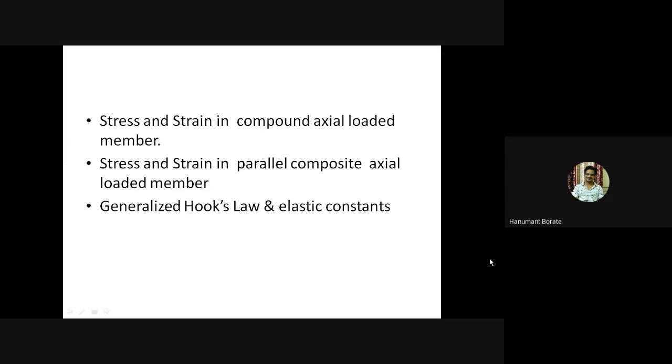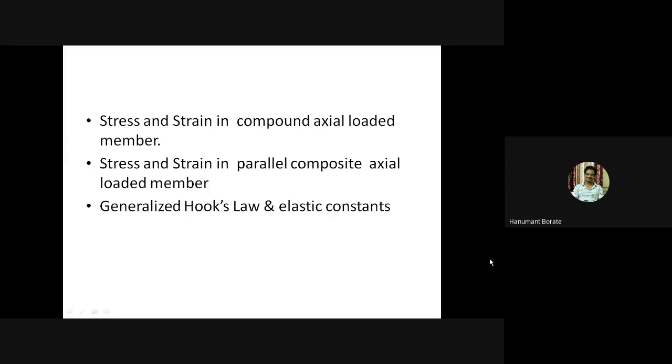Okay. Now, compound member: whenever we connect two or more than two members of a different cross section, or simply if we connect more than two members with the same cross section, then it is known as a compound system.